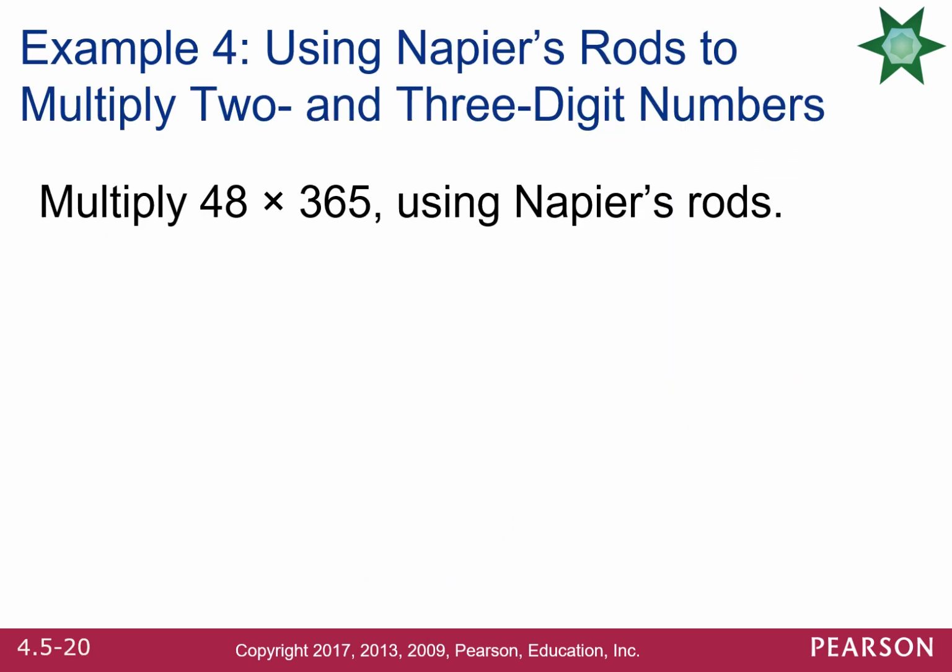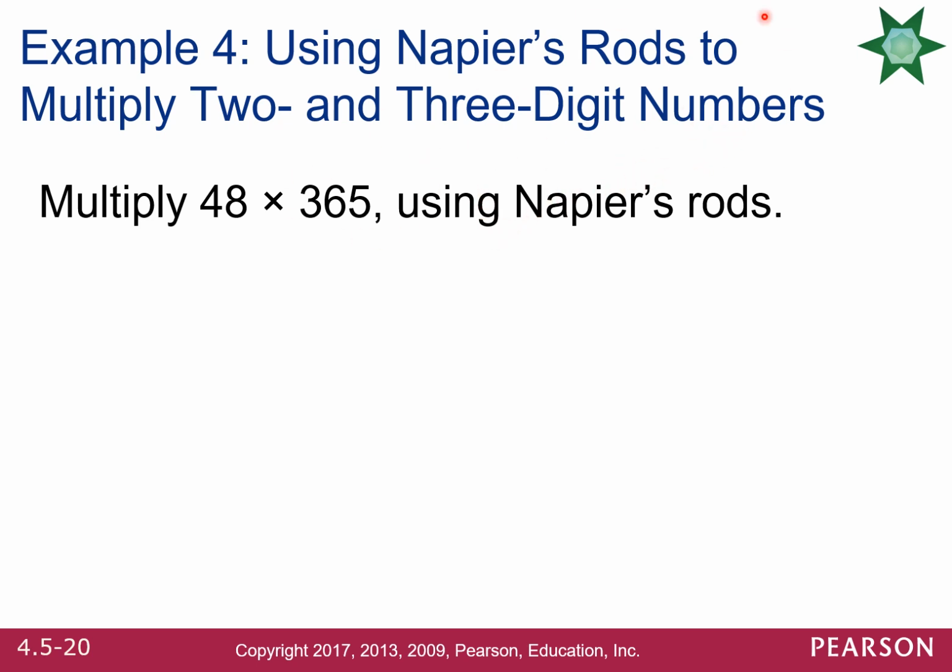Now let's go over an example of multiplying two values using Napier's rod. We are multiplying here a 2-digit and a 3-digit number: 48 is the 2-digit number and 365 is the 3-digit number.